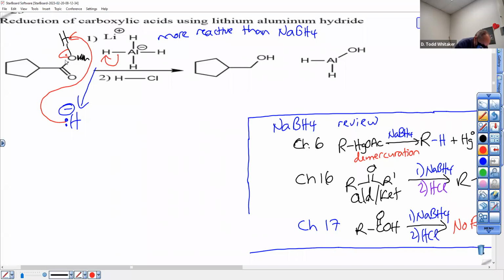So it's acting like hydride the base. A little on the dangerous side. Make sure things don't get too hot. And now we're ready to start the reduction part of the mechanism.